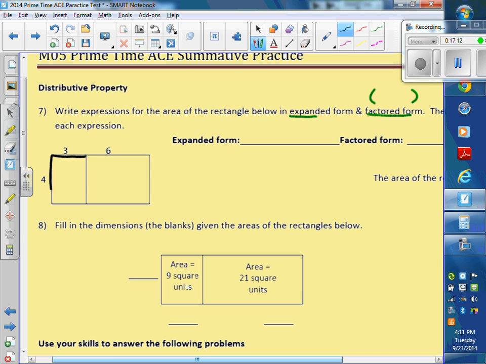So the area of this rectangle is 3 times 4, and the area of this rectangle is 4 times 6. Just erase that and write the 4 first in both of these.